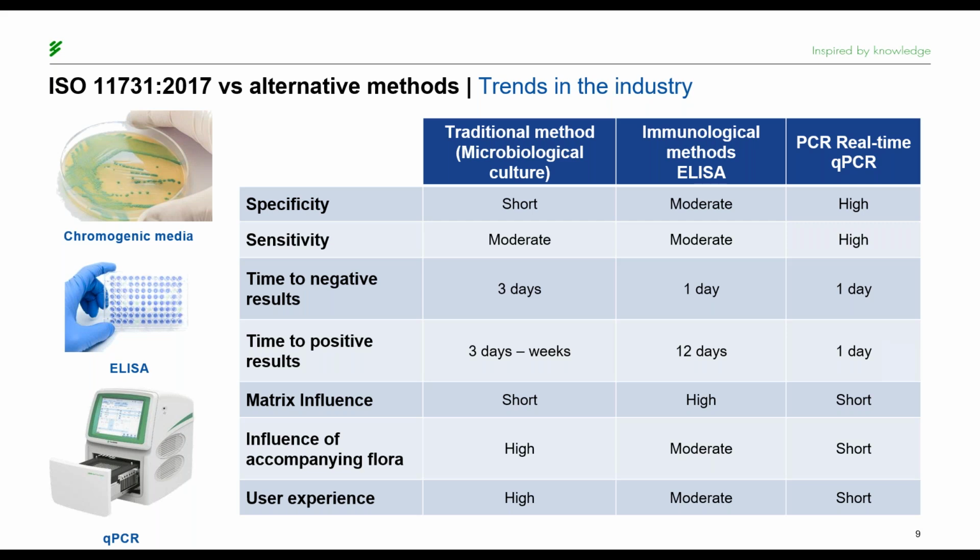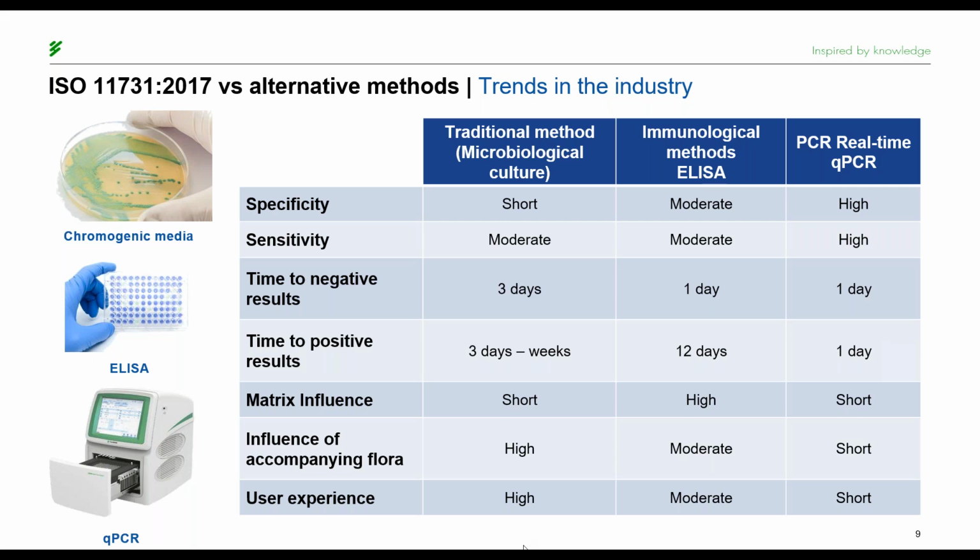Each of these techniques provides, of course, different parameters of specificity, sensitivity, and speed to give positive and negative results. Also, there are different degrees of influence from both the matrix and the accompanying flora, and something very important, the experience necessary from the user to carry out one of these techniques. All of these offer interesting advantages, but also important drawbacks depending on the technique.